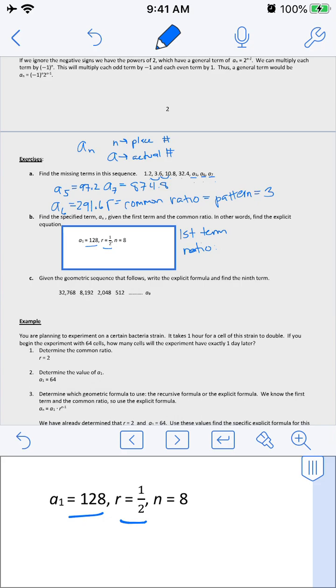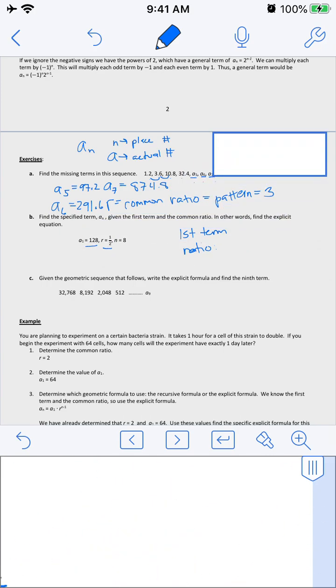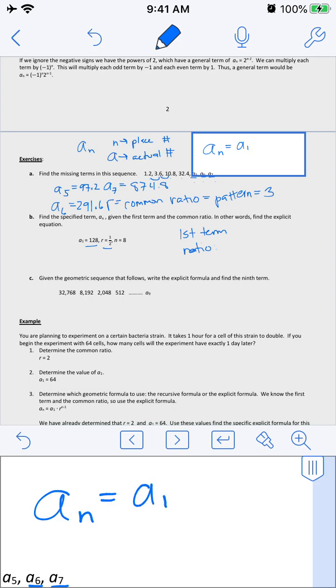Okay. Now, what does this mean for an equation? They want us to give us an explicit equation. How does that work? Well, what we can do is build kind of a generic equation for any an with this multiplying pattern. We would start with our first term, a1, and when we keep multiplying it by that pattern, right?